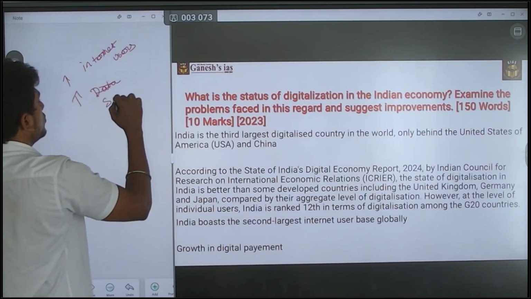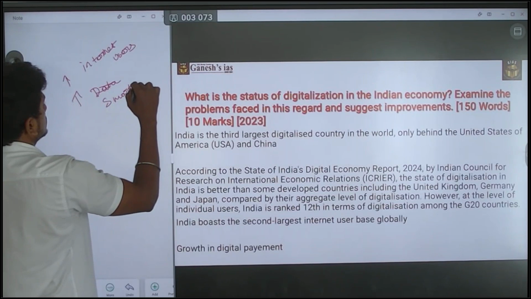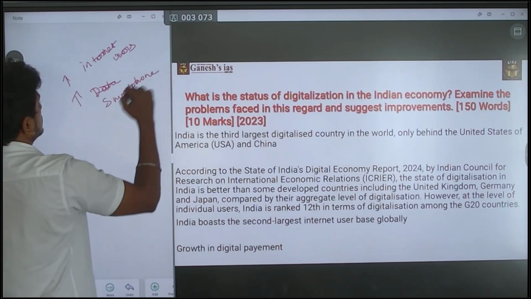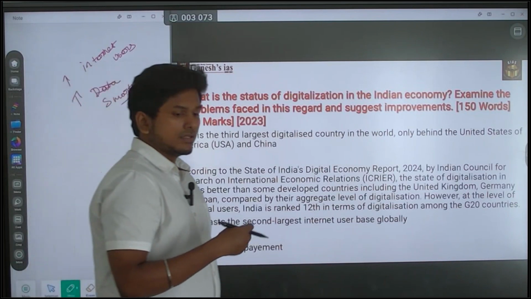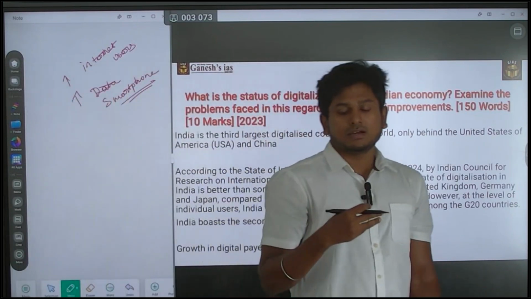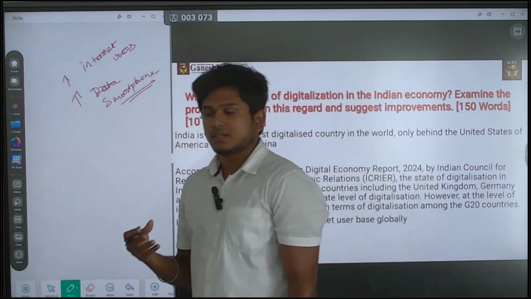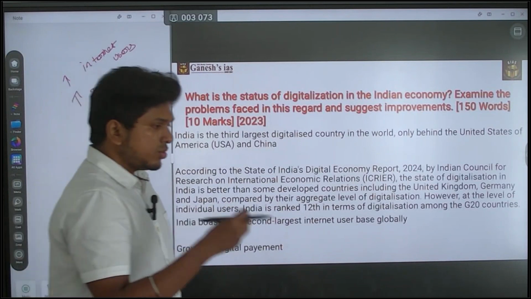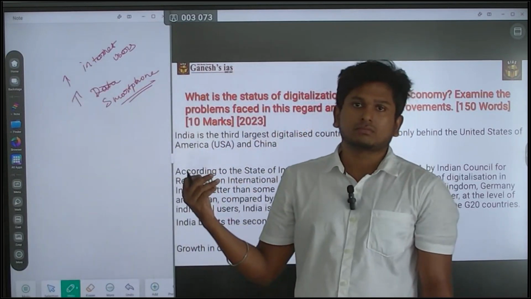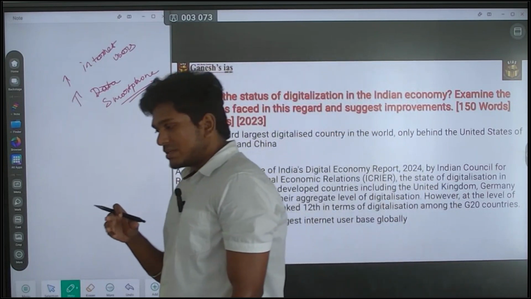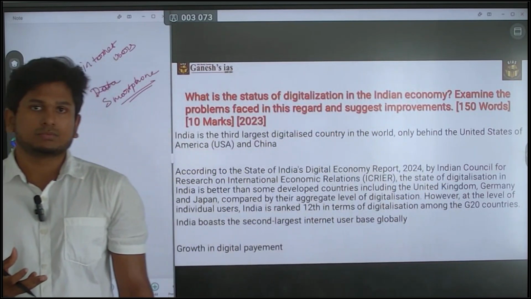The smartphone penetration has increased, or else the internet penetration has increased. There is a huge reduction in the rural urban gap related to internet usage. So you can quote that also.